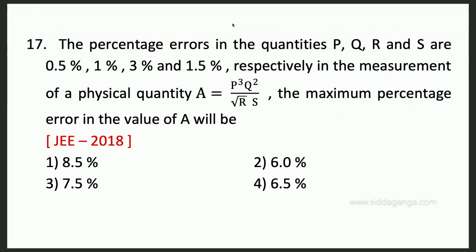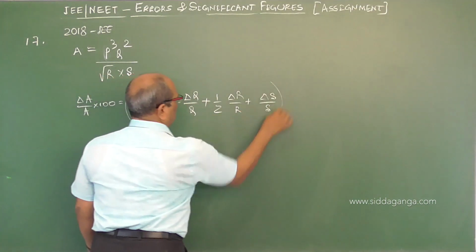Delta A by A into 100 is 3 times that of P, plus 2 times that of Q, plus, root meaning half times, that of R, plus delta S by S, total into 100.